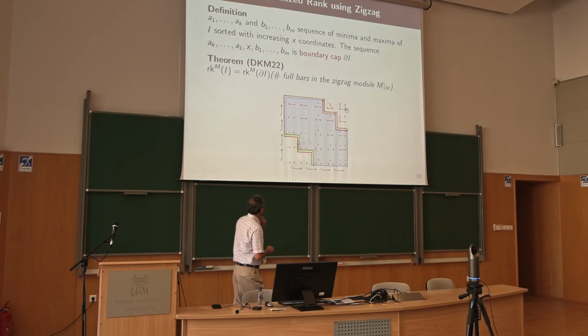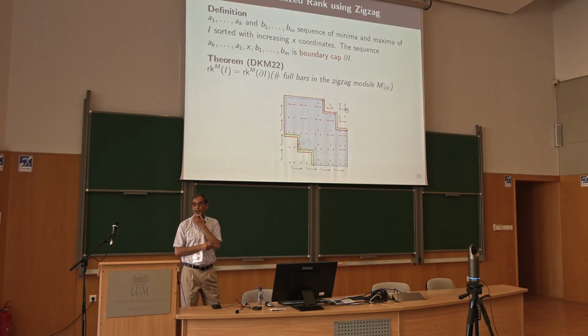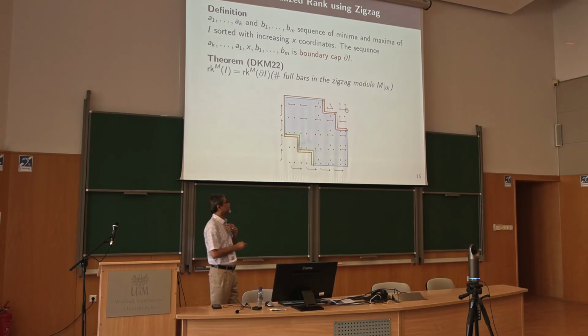Okay. So let me define what it means. Suppose this is a typical interval I in the 2-parameter case, and I'm going to define the boundary cap of this interval. The boundary cap is as follows: you take the minima of the interval. In this case there are 3 minima, and there are 3 maxima.